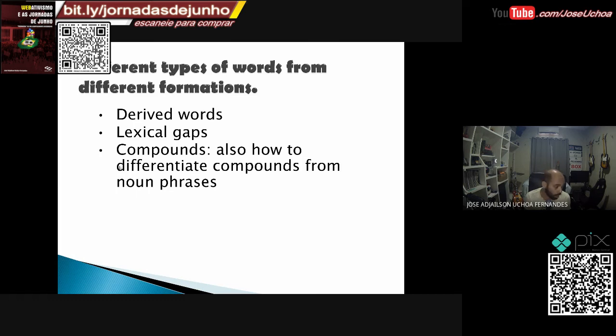And sometimes it's not a case of a noun phrase. It's a case of a compound word. For example, compounds are when I have word plus word forming a different word with a related but not exactly the same meaning. Example, woodpecker.